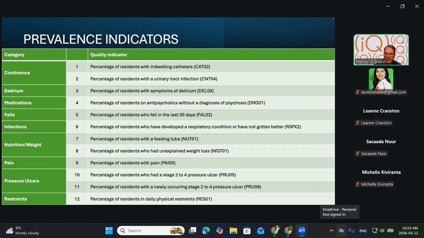Each one of these indicators helps identify opportunities for quality improvement, risk education, and resident safety monitoring. Okay, so I'm going to walk you through each of these 12 indicators one by one. We're going to look at what they measure, who it includes, who it excludes, and how they are calculated, right?